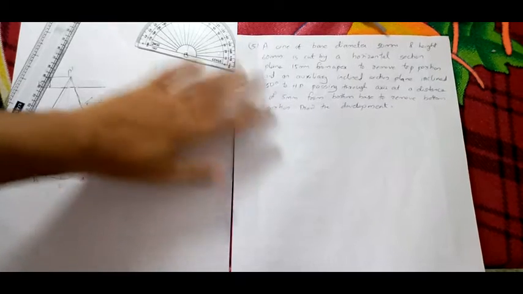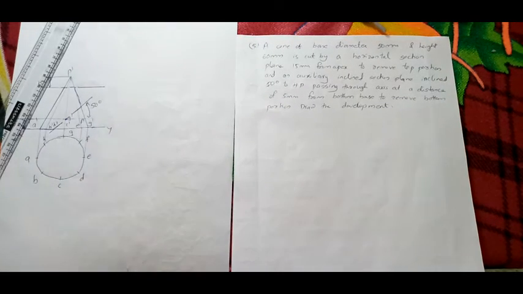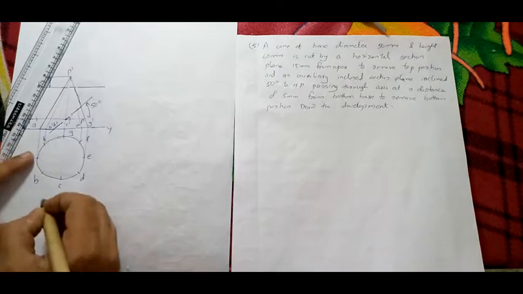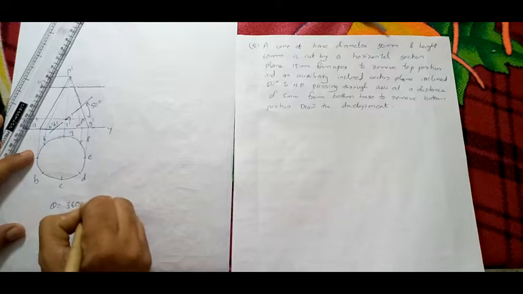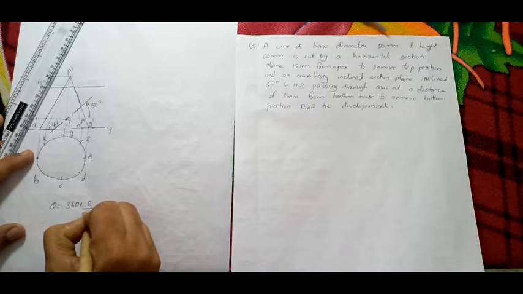Now how to draw the development of the cone? It's a different thing. You are not given any edges, so for that there is a formula. You have to find theta. Theta is equal to 360 into r by slant height.